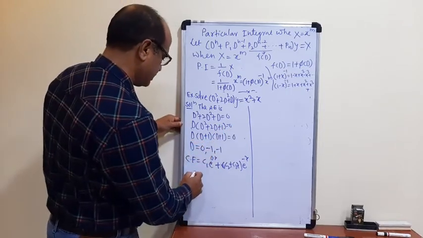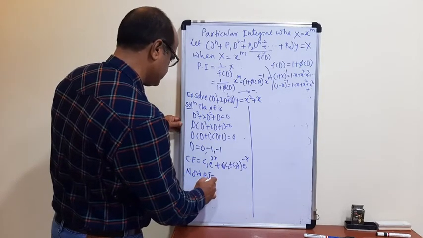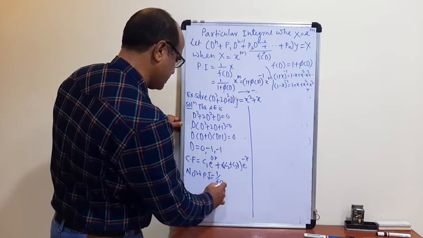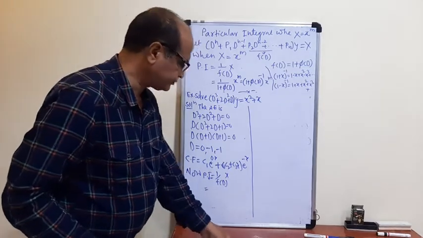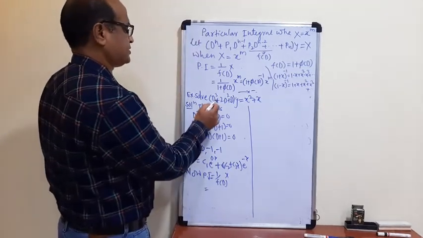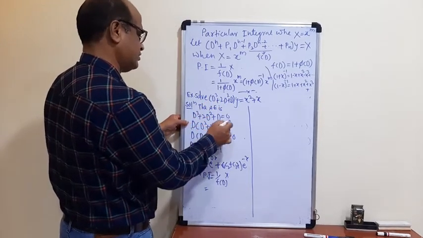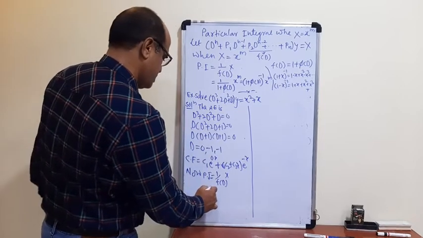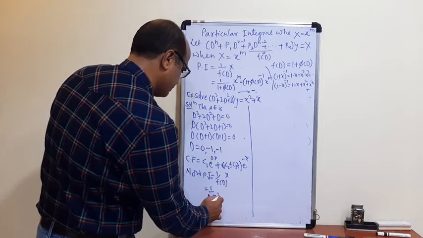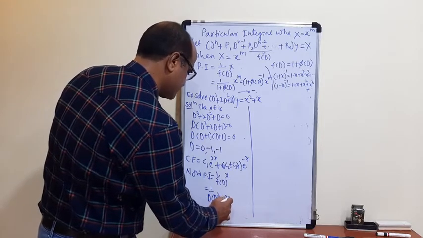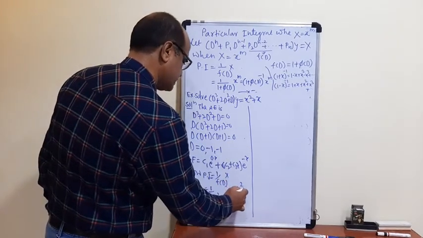So now the particular integral. PI is equal to 1 upon f of d into X. Okay, what is f of d? F of d is this, d into bracket d square plus 2d plus 1, and X is x square plus x.